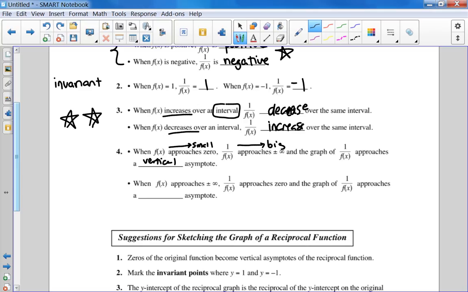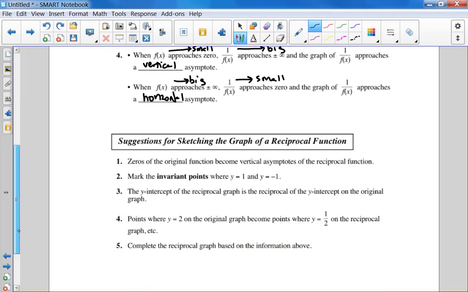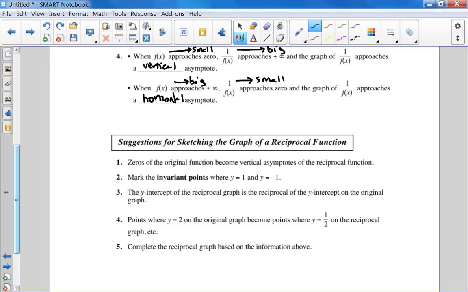Now when the actual function gets big, the reciprocal gets small. And this is where you have that horizontal asymptote. And then there are some suggestions at the bottom which are key for sketching.